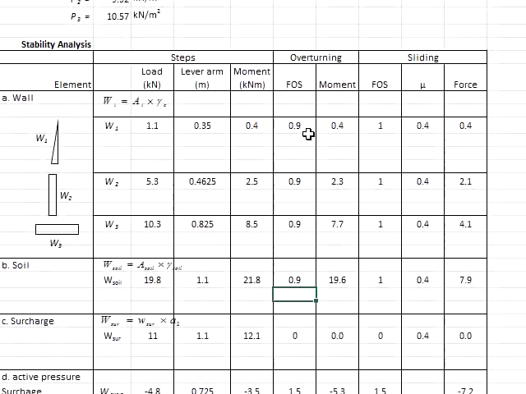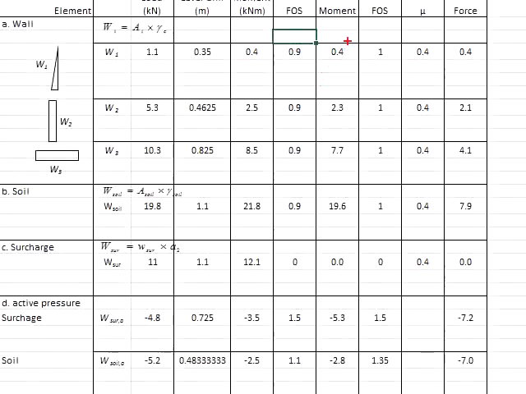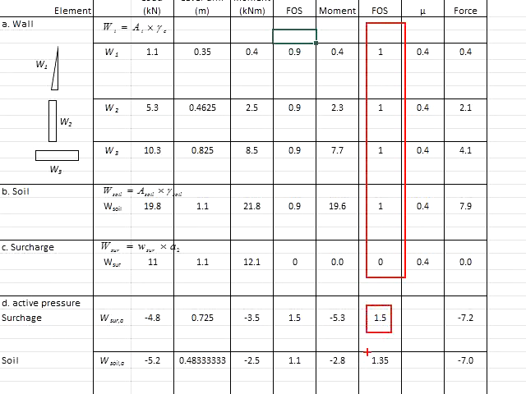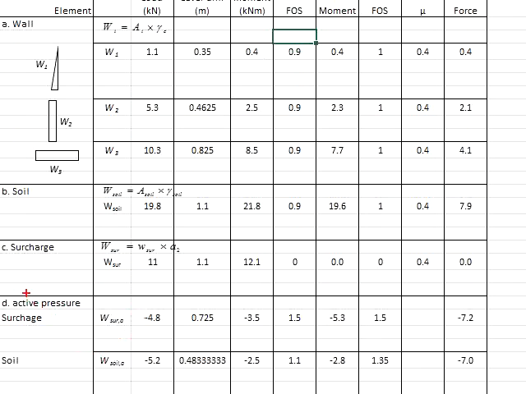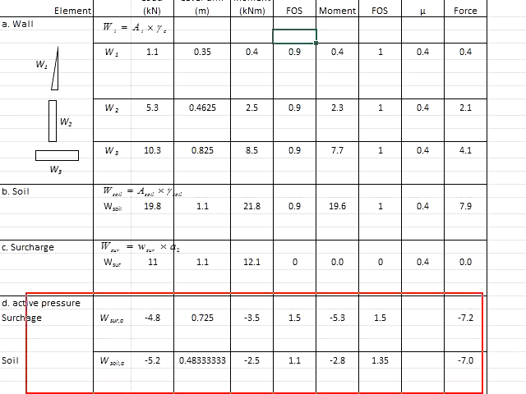Next, we check for the sliding conditions. The factors of safety to check for sliding are 1.0, 0, 1.5 and 1.35. Again, all the vertical loads are considered favorable to sliding, and all the horizontal loads are considered non-favorable to the sliding.